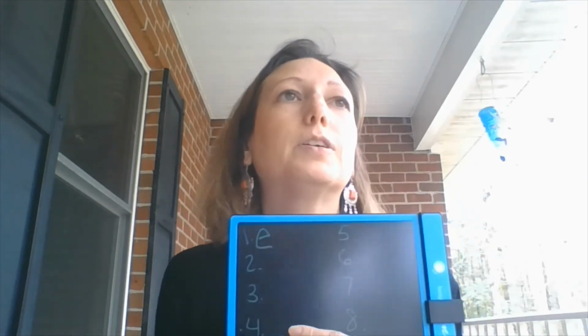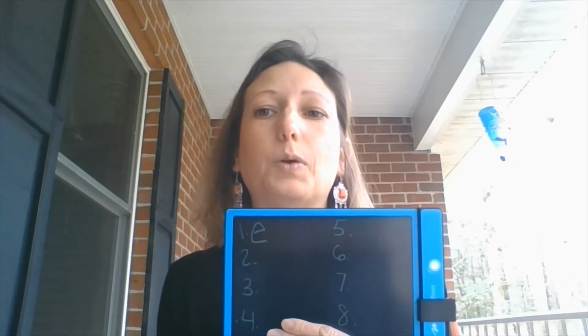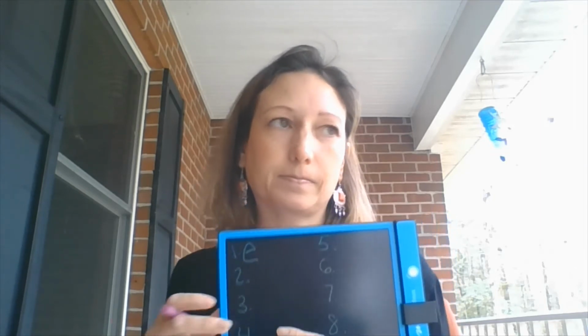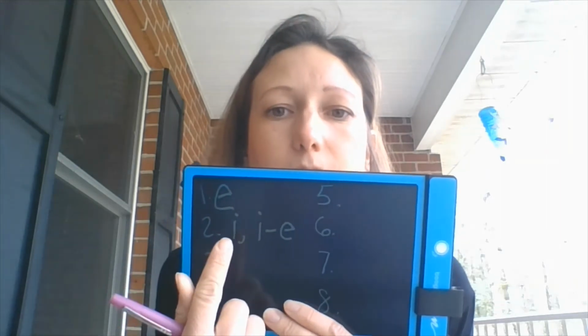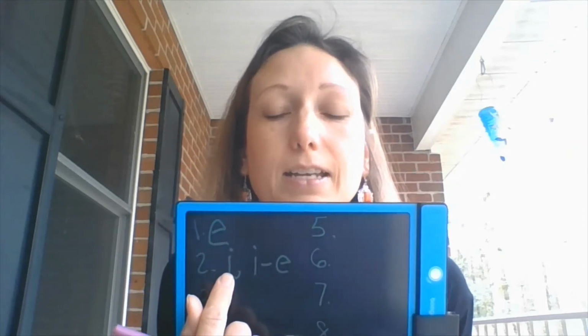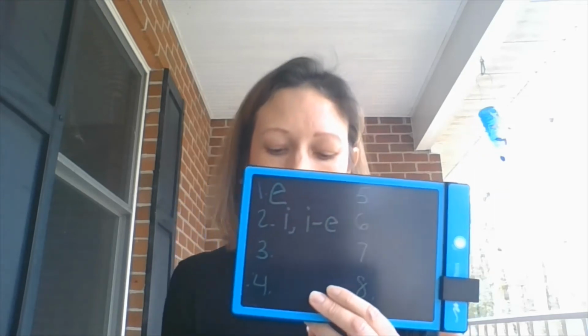Number 2, 2 ways to write I. 2 ways to write I. We can have one I, or we can have I consonant E. One I can say I, as in the word hi, H-I, or we can have I consonant E says I.